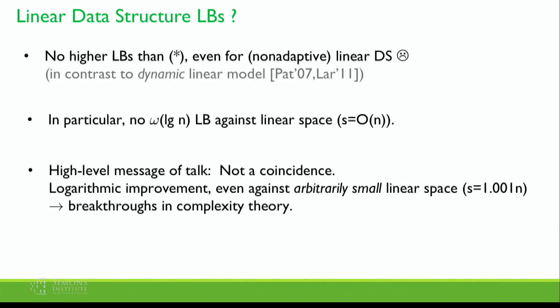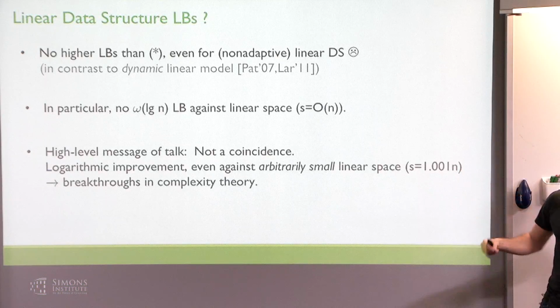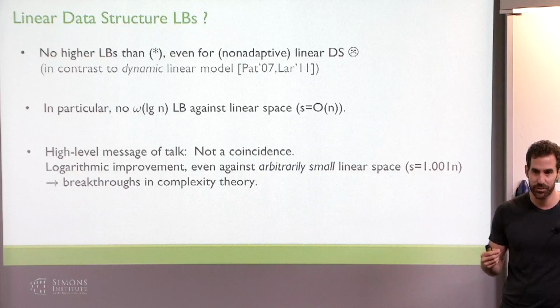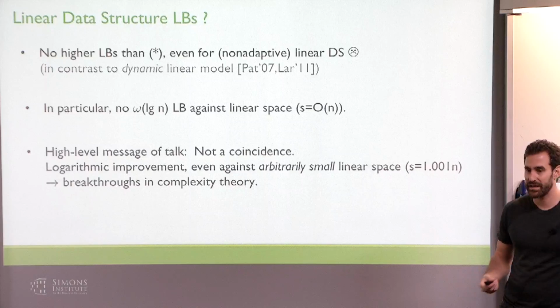Before we present the result, at a very high level, one of the main messages of this talk is that it's not a coincidence we're stuck here. In some sense, a logarithmic improvement, or in other regimes even any asymptotic improvement, even against arbitrarily small linear space, so even if you restrict the data structure to store 1.000001 n memory cells, which seems like an easy case for a lower bound, even then this would imply breakthrough results in complexity.